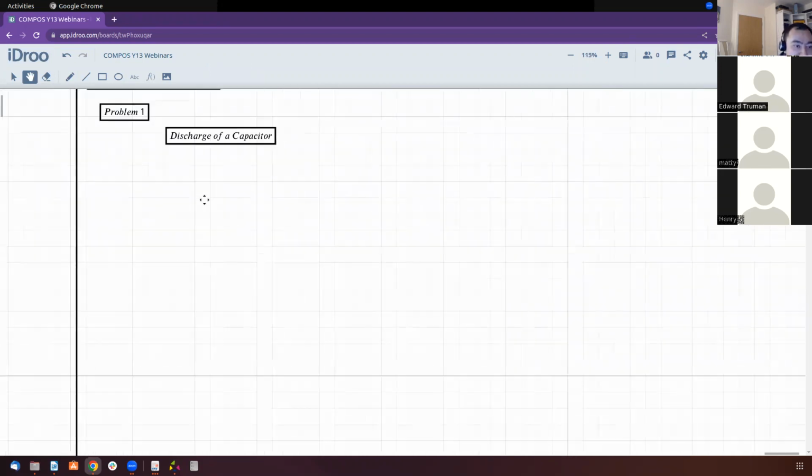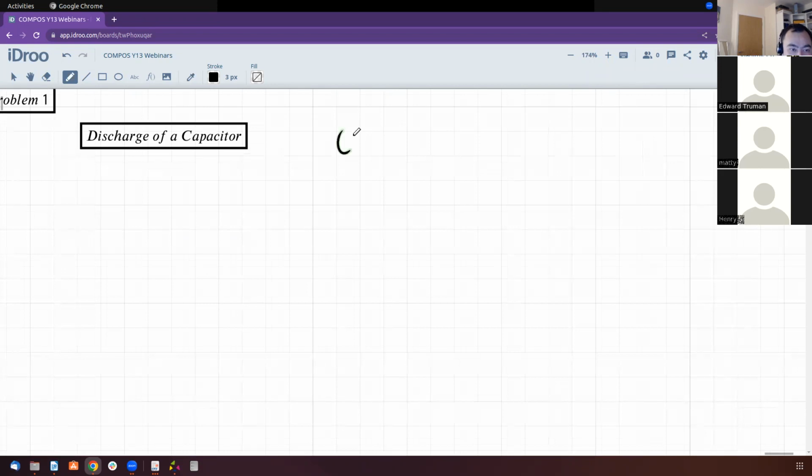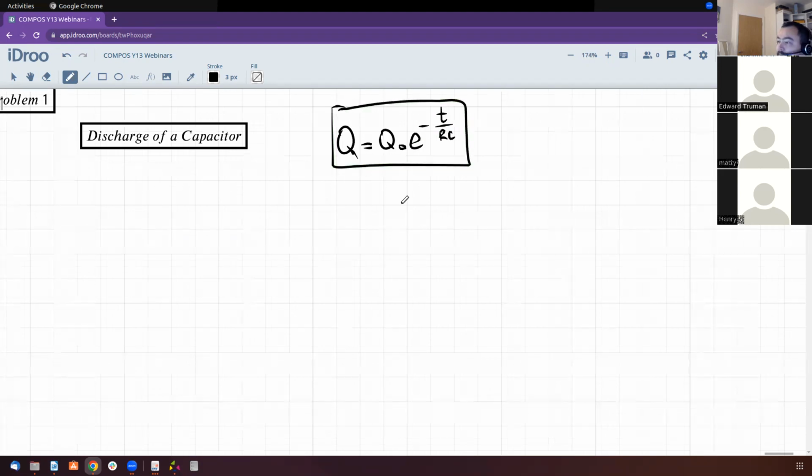In the discharge of the capacitor, you would see that Q is equal to Q0 e^(-t/RC). Who is familiar with this equation? 1 or 0? Okay, most people are familiar with this.